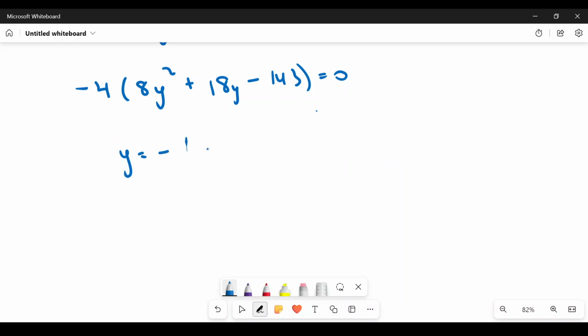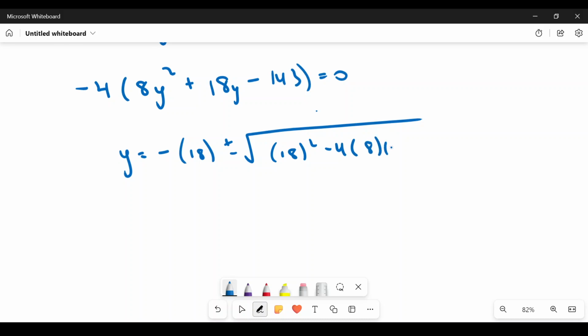I'm just going to use the quadratic formula. y equals negative b. Sorry, messed up. y equals negative b plus or minus the square root of b squared minus 4 times a times c, all divided by 2a. Notice the negative 4 in front is ignored because I divided both sides by negative 4, so it's basically gone.